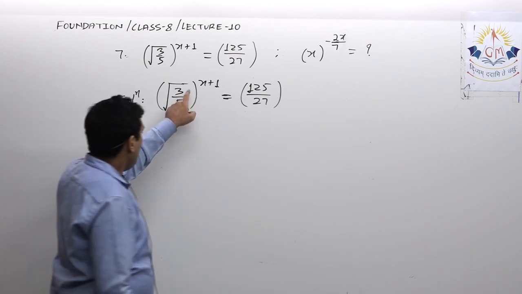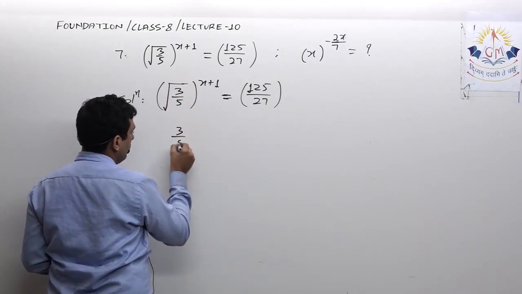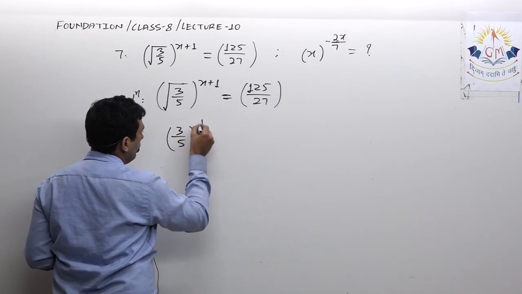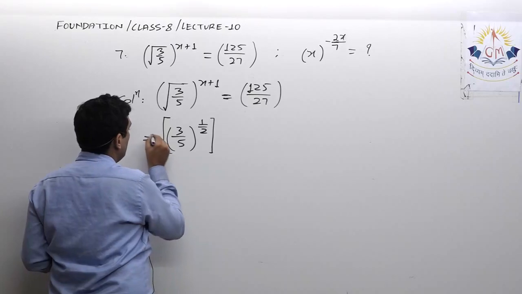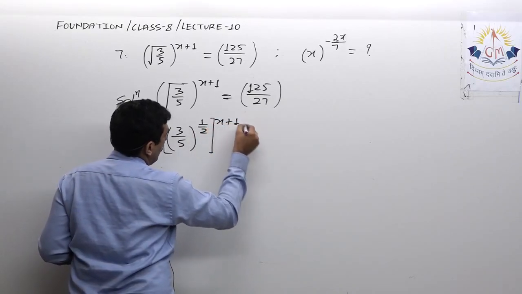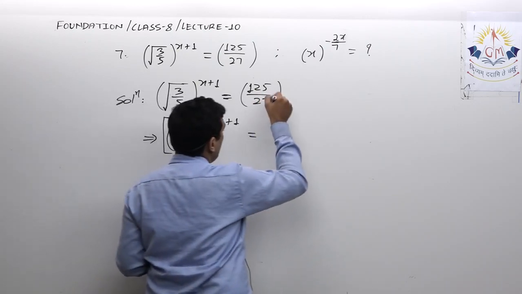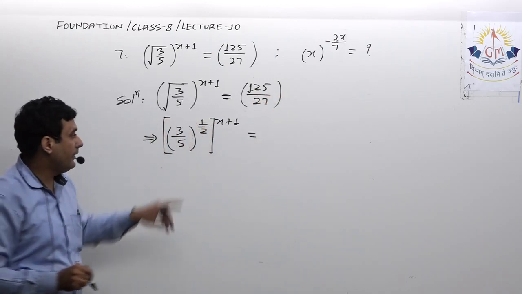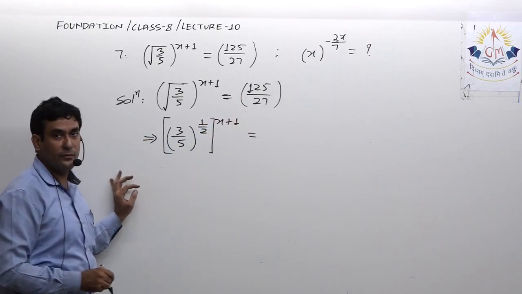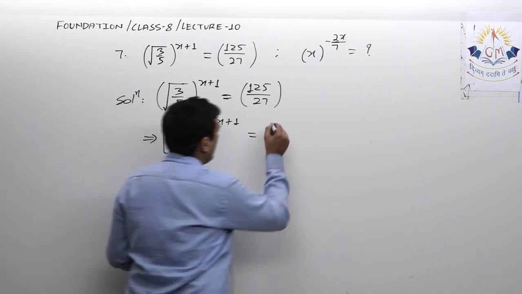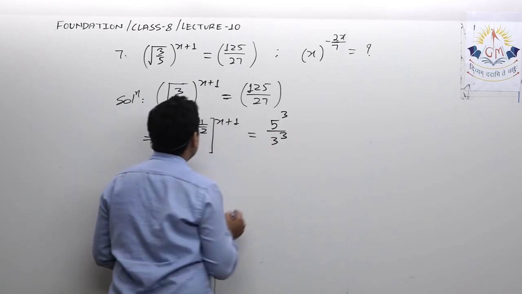See, here it is 3 by 5 first of all, and root is there. So first thing that I should do, 3 upon 5 raised to 1 by 2. Root means raised to 1 by 2, and this power x plus 1 remains as it is. Now this is 125 upon 27. So definitely 125 can be factorized further, 27 can be factorized further. So 125 is actually 5 raised to 3, 27 is 3 raised to 3.